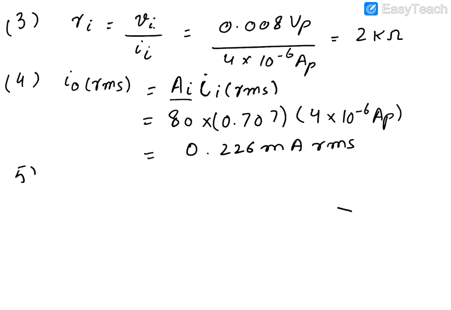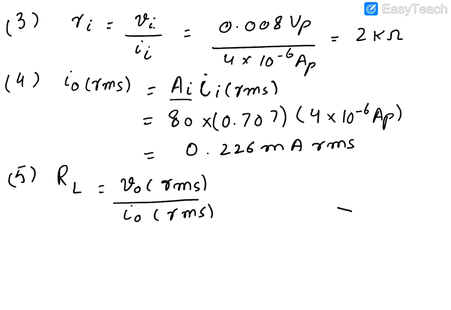Next, we have to find the value of R L. So the output or load resistance in this case will be equal to output voltage divided by output current. You can use RMS values or peak values.